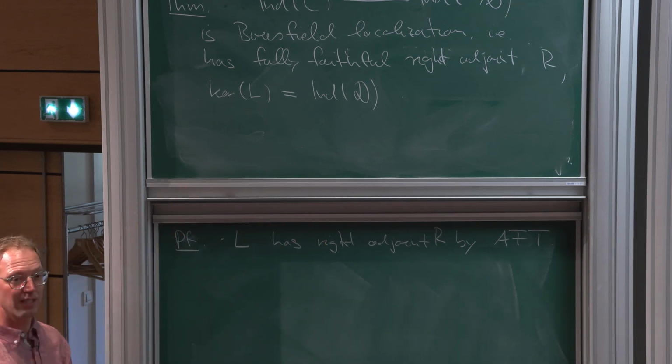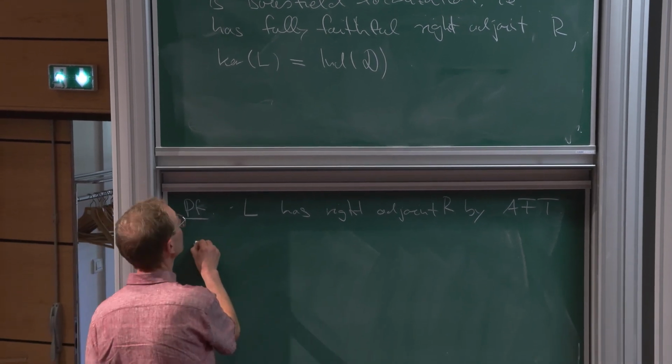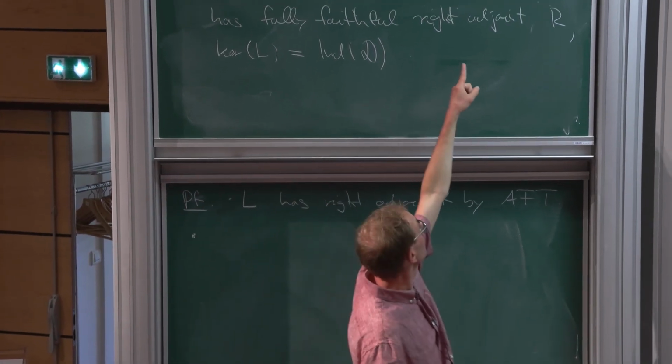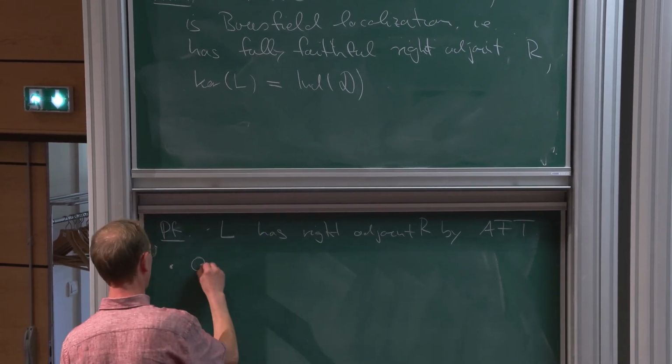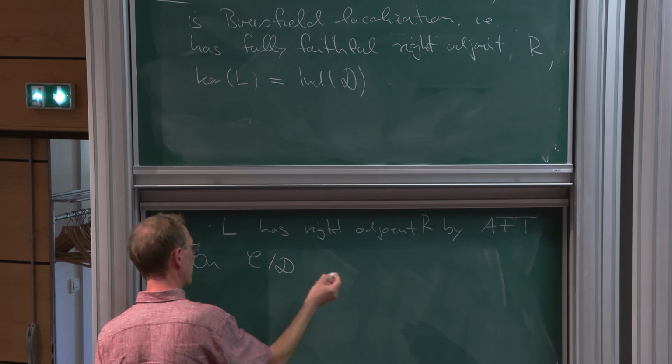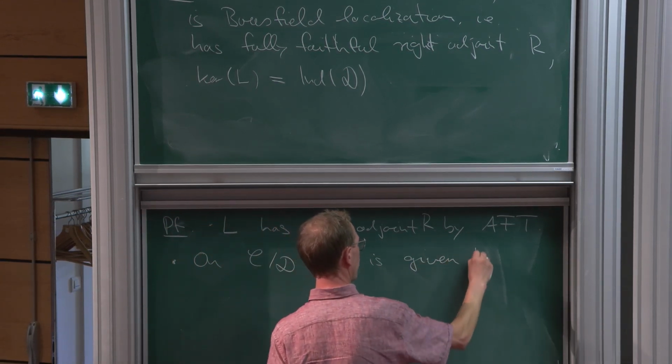And it's even easy to explicitly write down what this functor R is, at least on the image of C mod D in this Verdier quotient. So on C mod D, this R is given by the following.